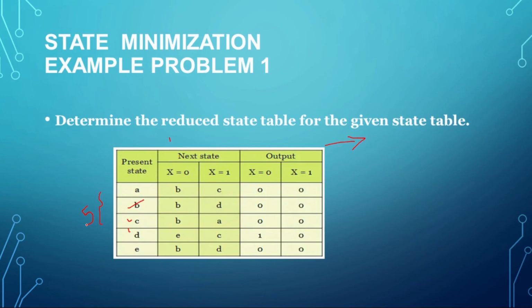Let me check. First of all, A is the first present state. When 0 is given as input, the A next state is B. When 1 is given as input, A's next state is C. And the output for A when input is equal to 0 is 0, and when input is equal to 1, the output will be 0.